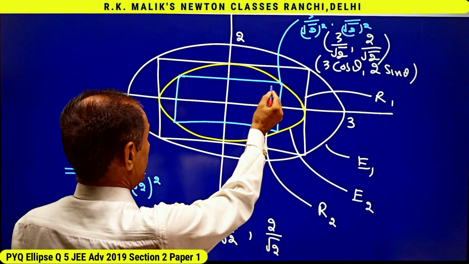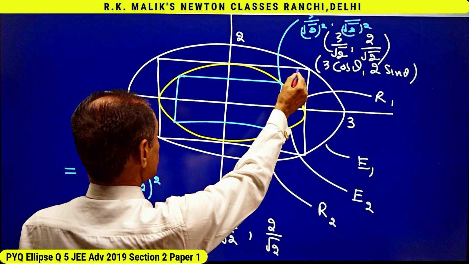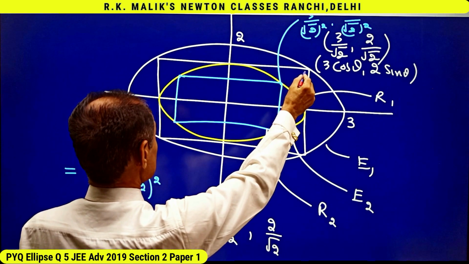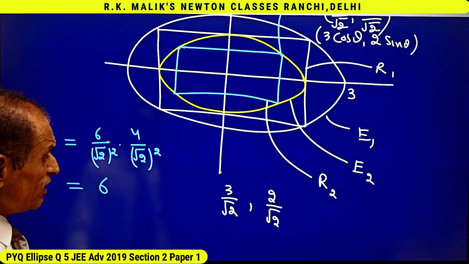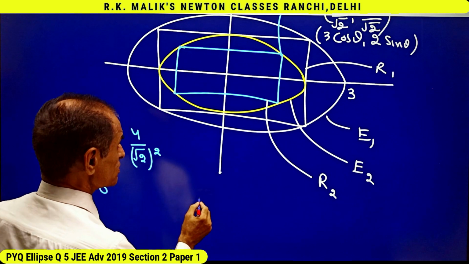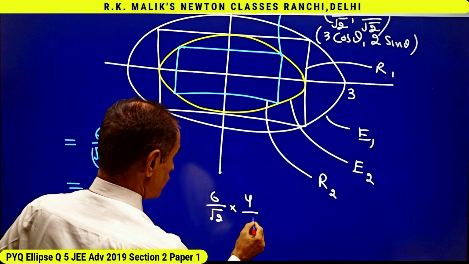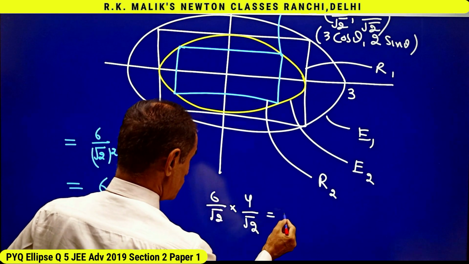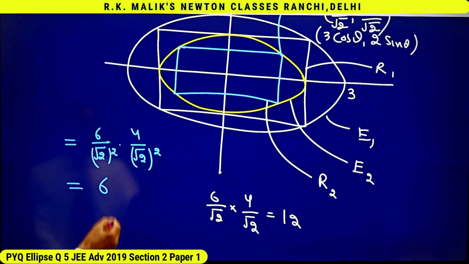Hence, for every rectangle, the length of the rectangle is 1 by root 2 times the length of the previous rectangle. Similarly for the breadth. That is why, when the area of rectangle R1 was 6 by root 2 into 4 by root 2, that is 12, the area of R2 has become this.